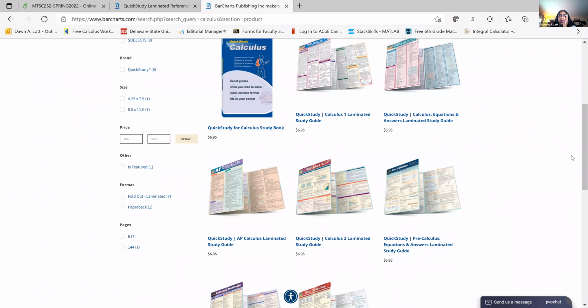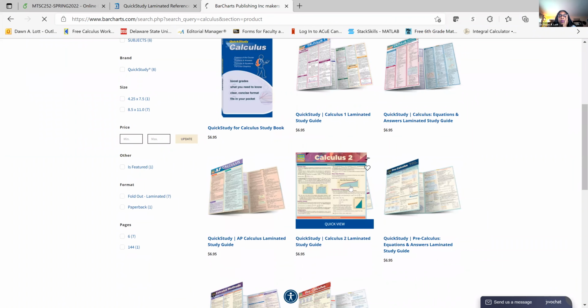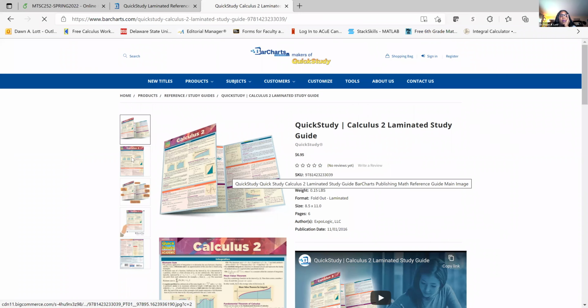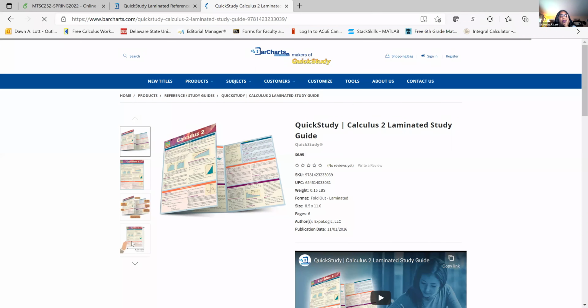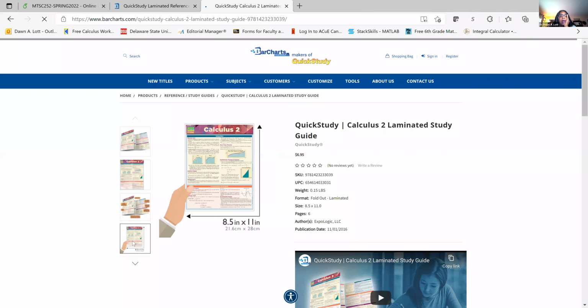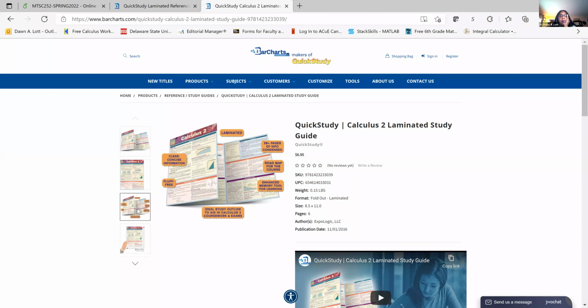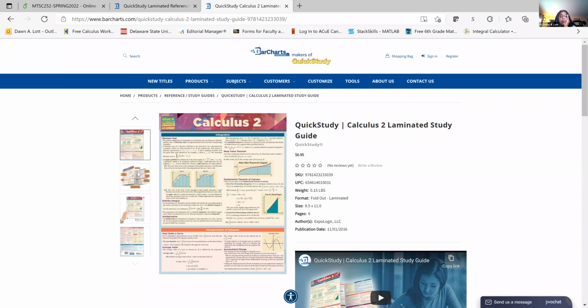Here's the Calc 2 one. I think this one has sequences and series on the back. I'm pretty sure it does, but I definitely really like the other one. So in any event, that's what you do.